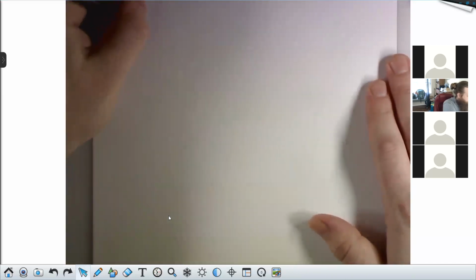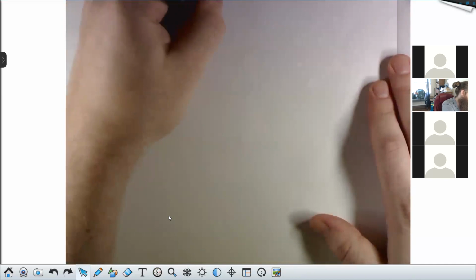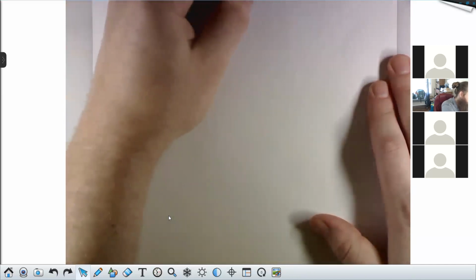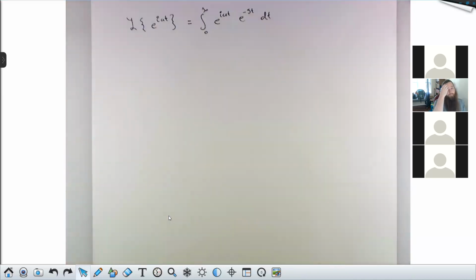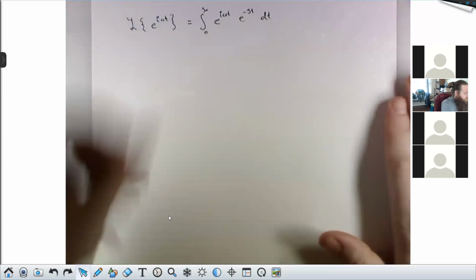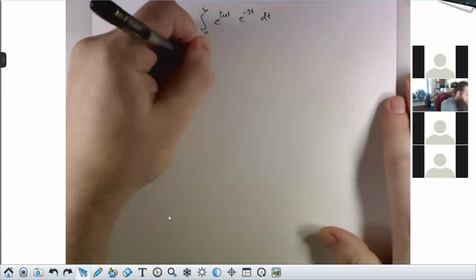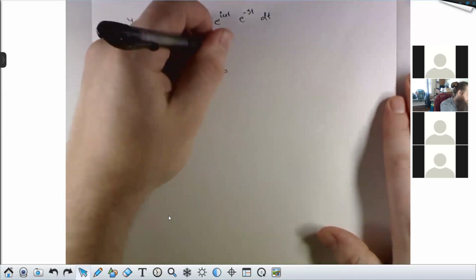The Laplace transform of e to the iat is the integral from 0 to infinity of e to the iat times e to the negative st dt, which is the limit. You need to be very careful with our limits here, because we're talking about limits of complex valued functions.